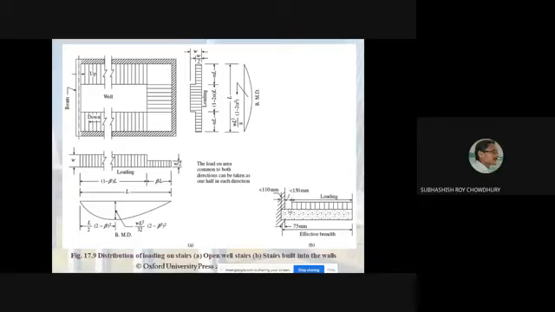That means though it is entered, say 100 millimeter or 125 millimeter within the wall, code tells that the effective width for this stair slab should not be measured from this point. It should be measured from a point which is located at a distance 75 millimeter within the wall.